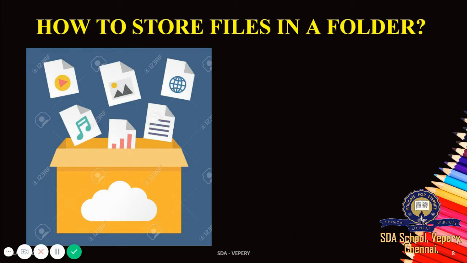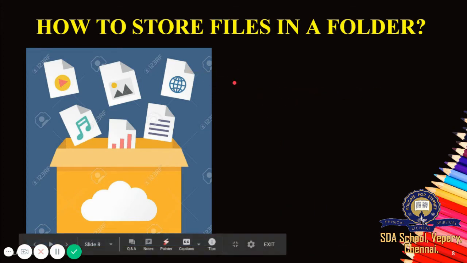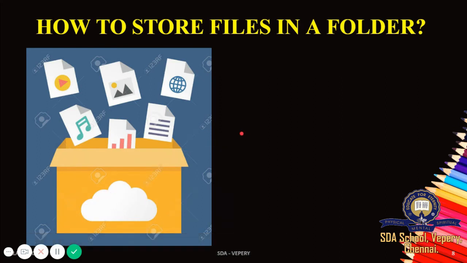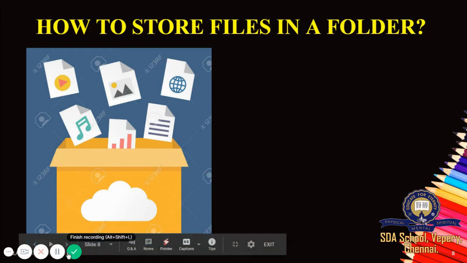Then you will click on that particular directory, open a new folder, and store the file inside the folder. Let us see this example live now. Wait, let me show you how to store a file, how to create a file, how to rename a file, everything in a small demo.